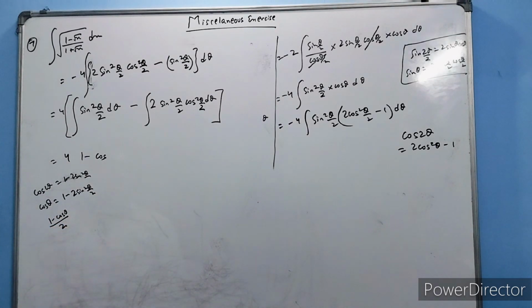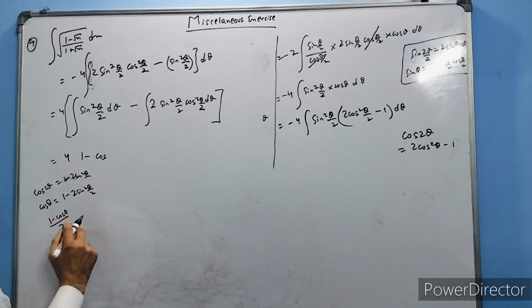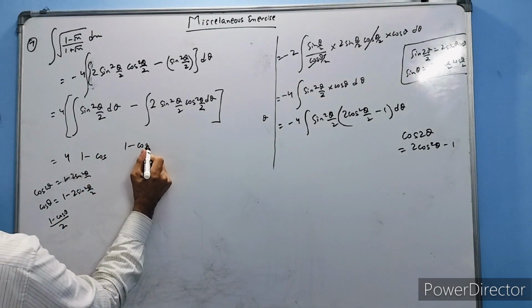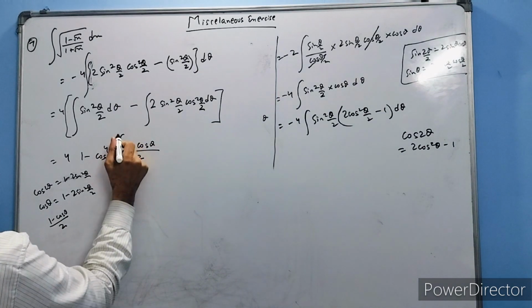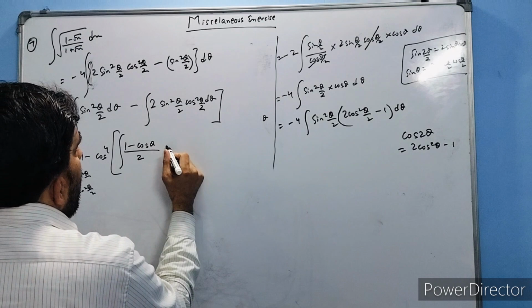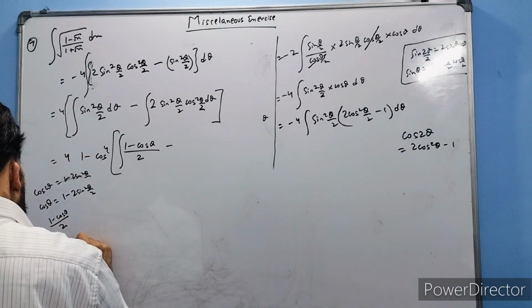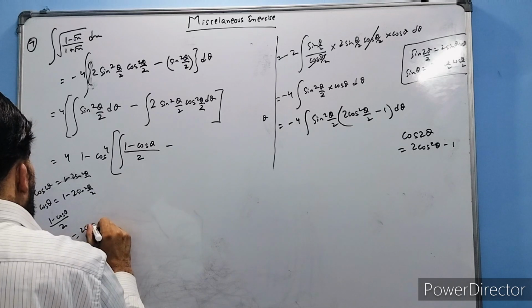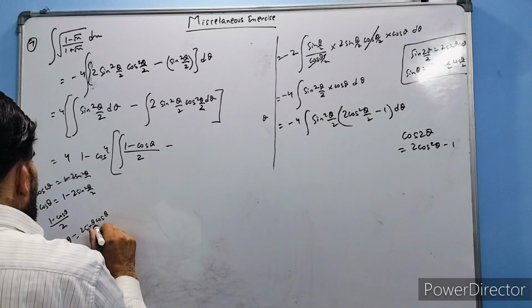Now we'll try to solve this first. Here I will put 1 minus cos theta by 2. Now I can integrate this very easily. Minus, here if I write sin 2 theta is equal to 2 sin theta cos theta, by 2.